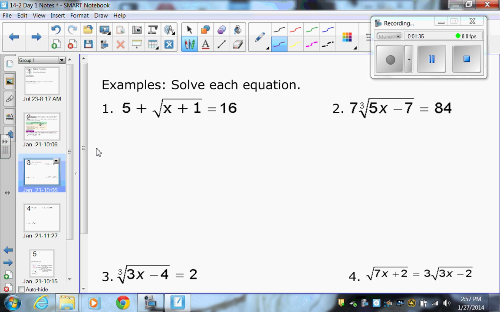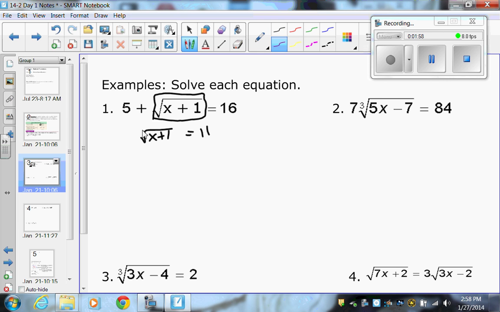So let's try some examples. We have 5 plus square root of x plus 1 equals 16. First step is to isolate the radical by itself, which means I want to get this whole thing by itself. The opposite of adding 5 is subtracting 5. So I'm going to subtract 5 from both sides to get radical x plus 1 equals 11.